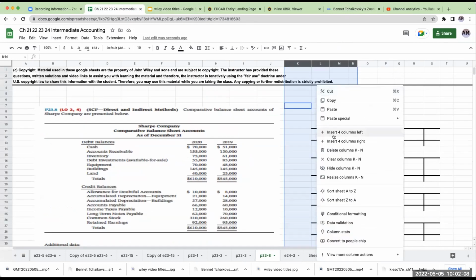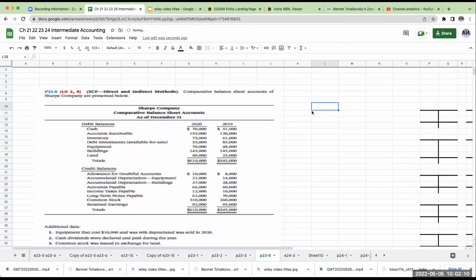Okay, the first thing we always do when we do a statement of cash flows is set up the statement for Sharp Company, statement of cash flows for the year ended 12/31/20.